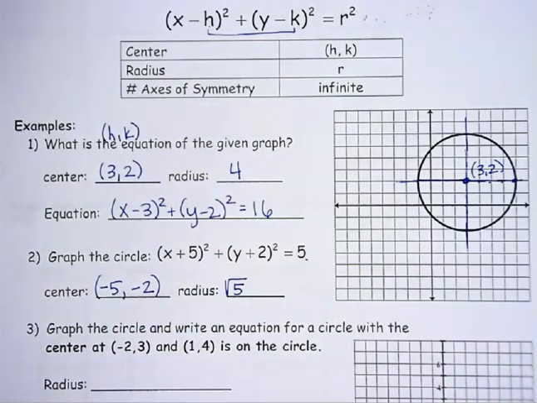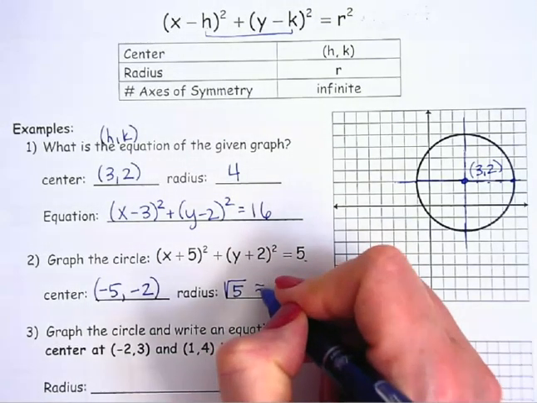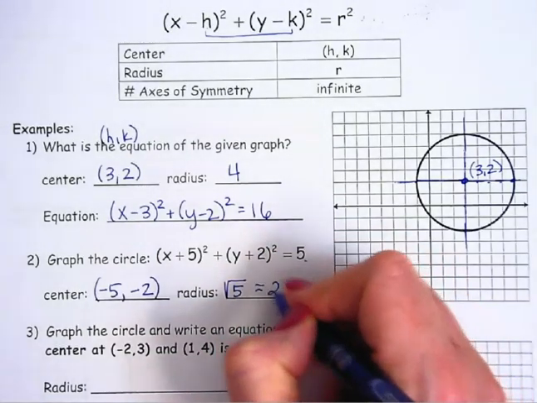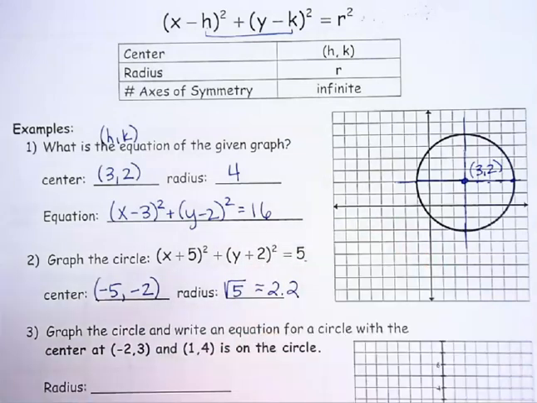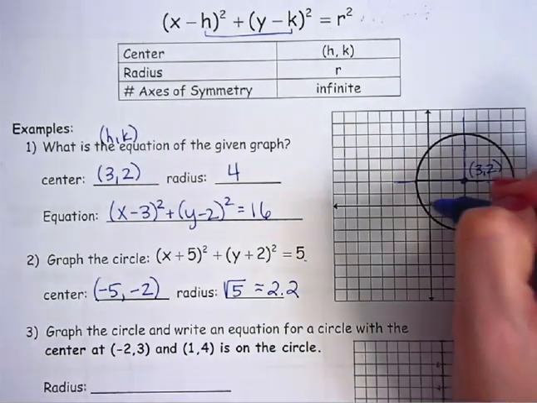Now the square root of 5 is an exact answer, but it's not very helpful for going to count points and graph our circle. So we're going to convert this to a decimal, keeping in mind that when you convert things to decimals, you do lose some accuracy. But we're going to use 2.2 for counting out our radius. So the first thing I'm going to do is locate my center.